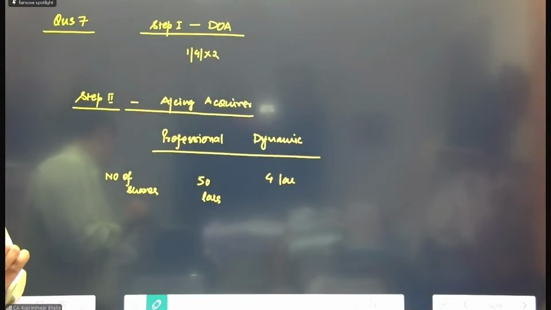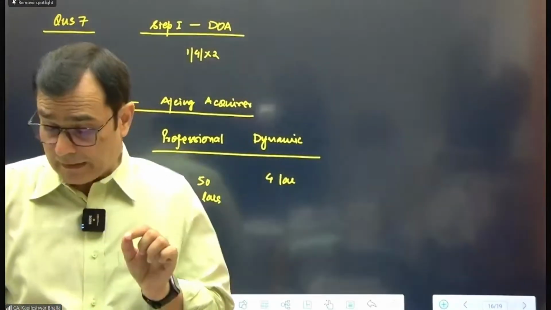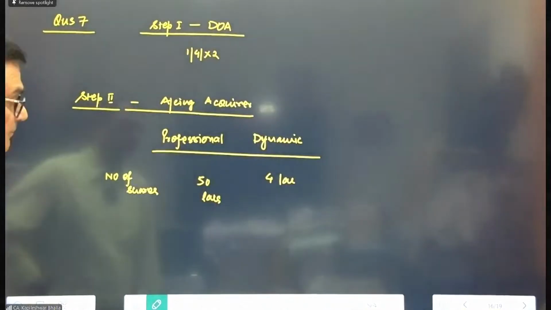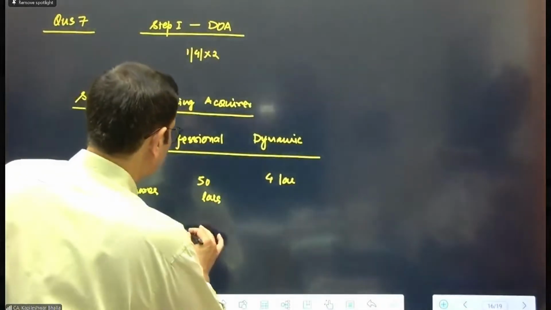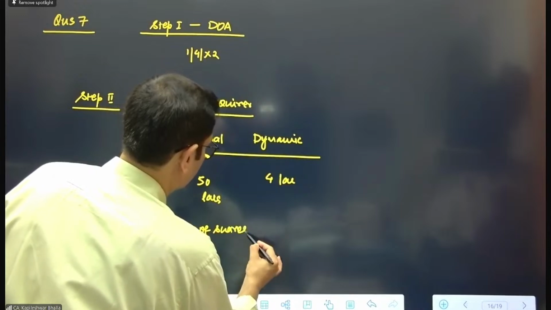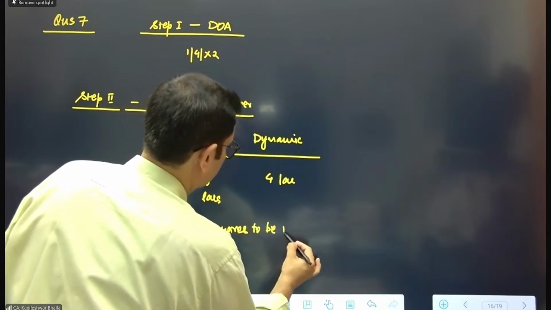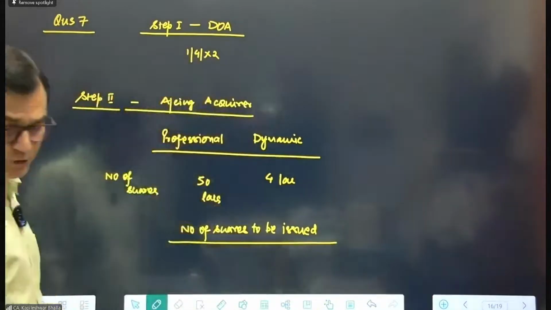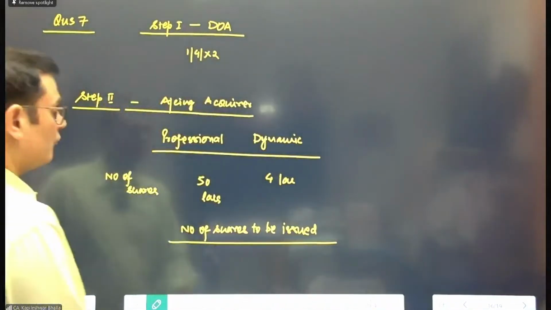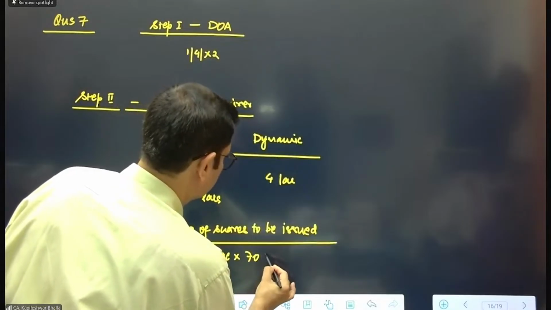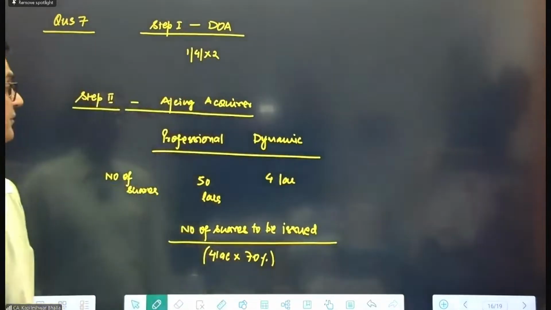Now I am given the input in the question that we are going to issue 1 share for every 2 shares held. So let us consider the number of shares to be issued. 1:2. That's right. So the number of shares to be issued is 1 against every 2 shares held. So can I say 4 lakh? First of all, you need to consider 70% because we did not acquire all the shares.